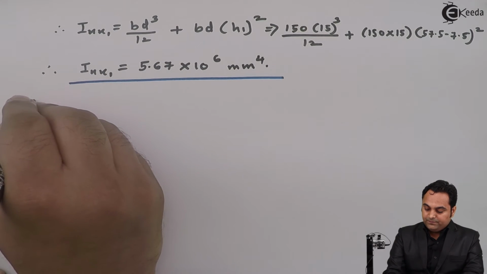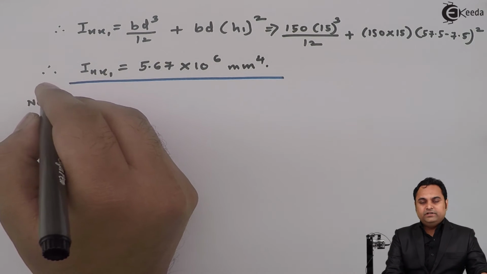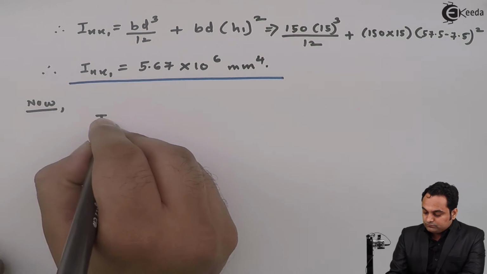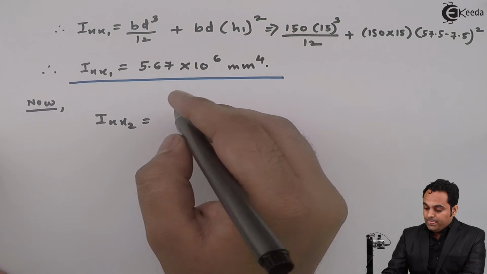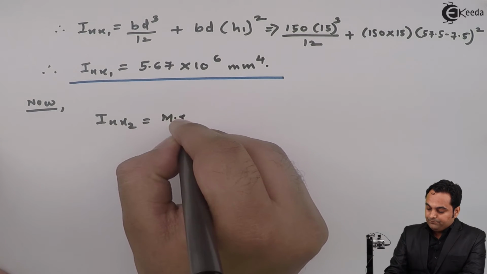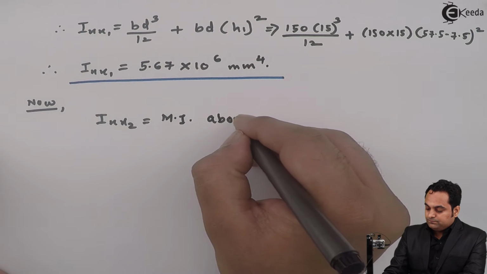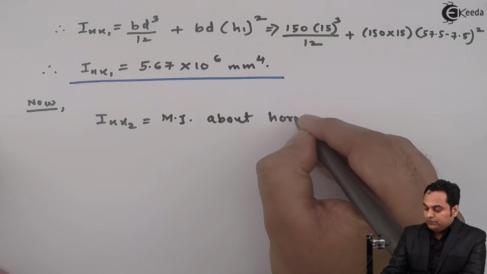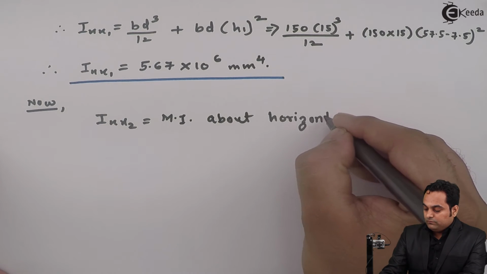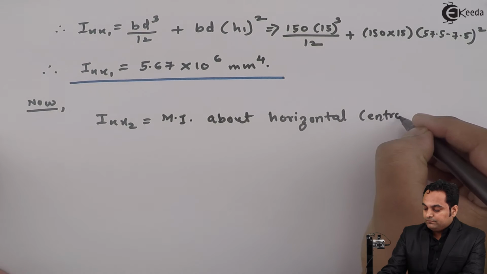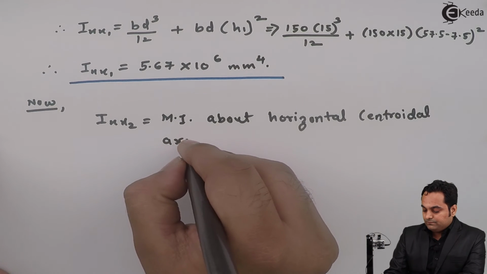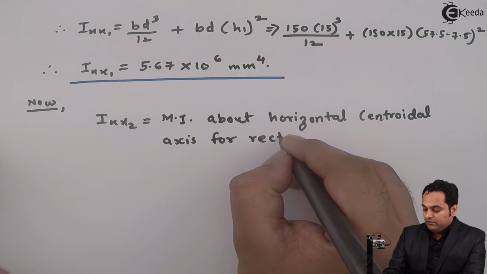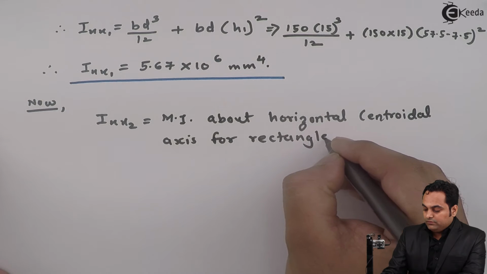That is the answer of Ixx1. Now similarly I'll calculate Ixx2. What is Ixx2? It is the moment of inertia about the horizontal centroidal axis for rectangle number 2.